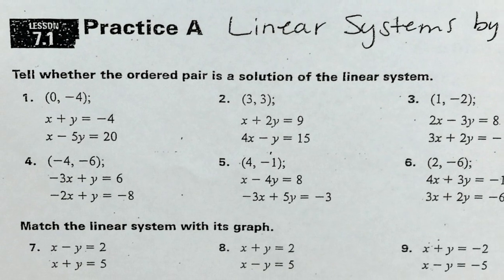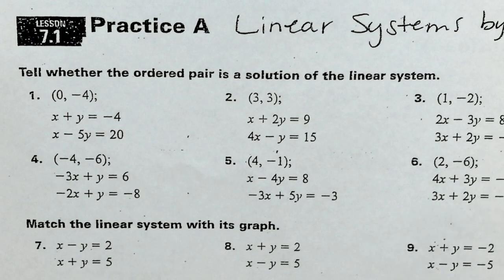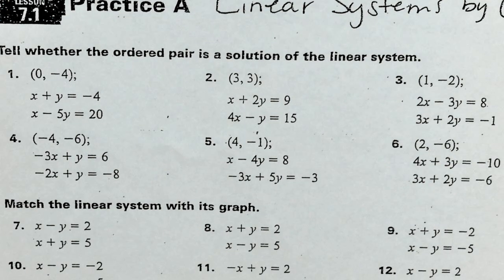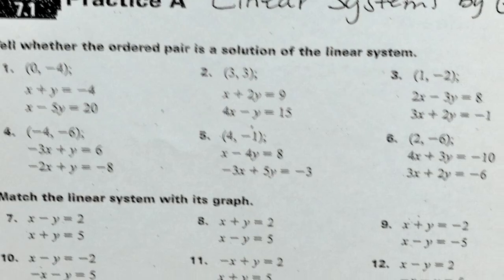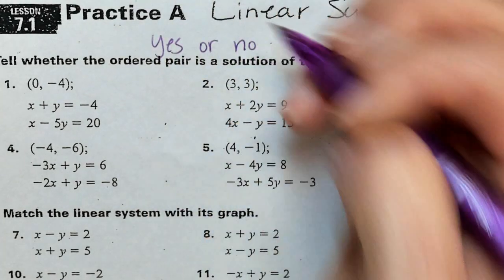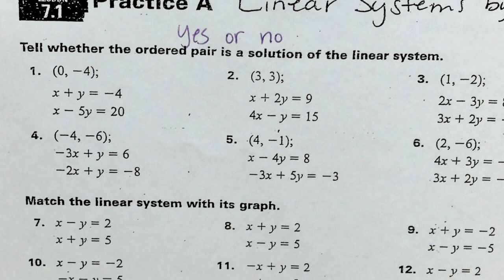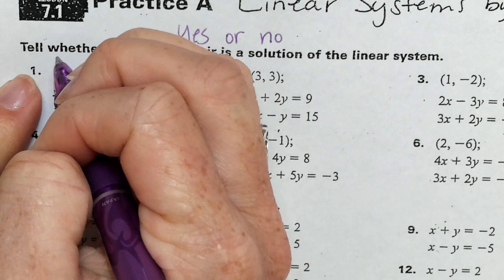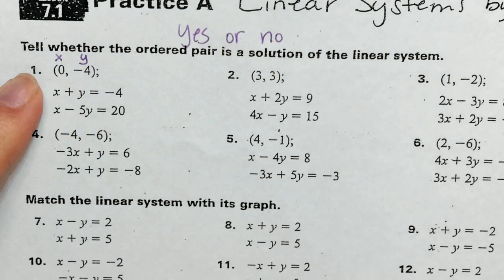On 1 through 6, it says, tell whether the ordered pair is a solution of the linear system. That means your answer is going to be yes or no. How will you know if it's yes or no? Because the point would have to be a yes for both equations. So I would plug this in for x, this in for y.